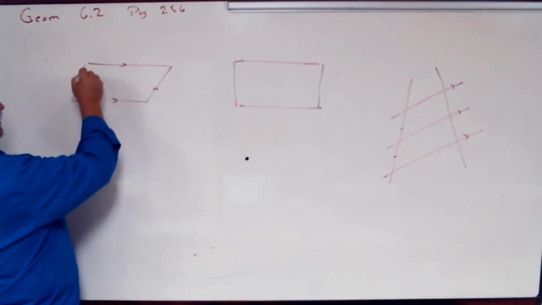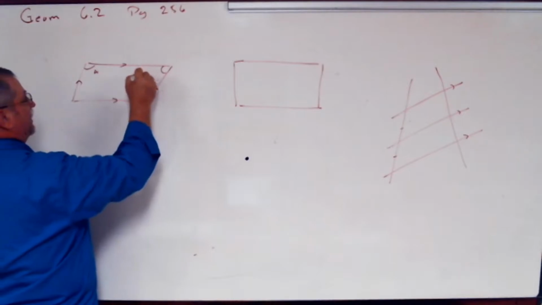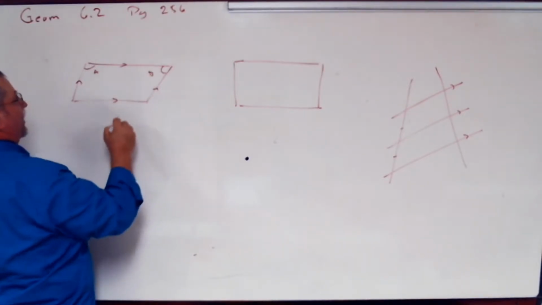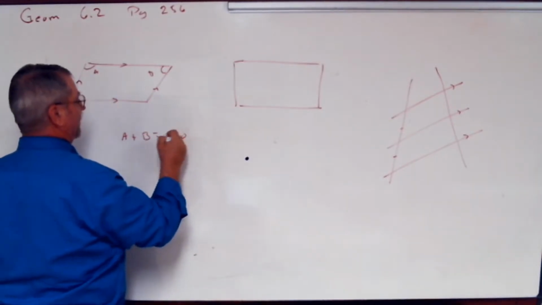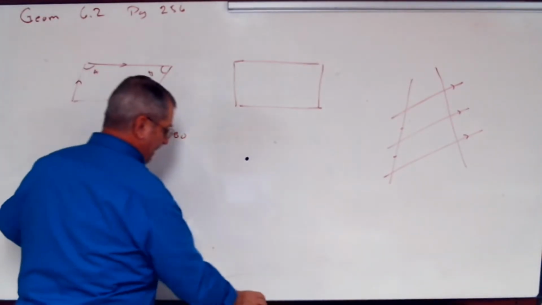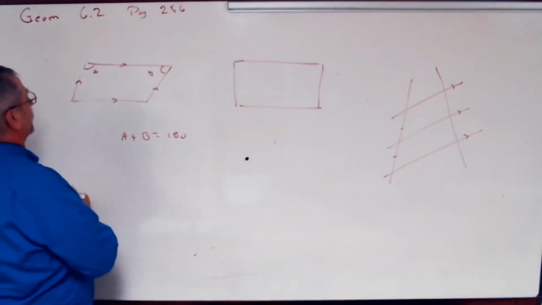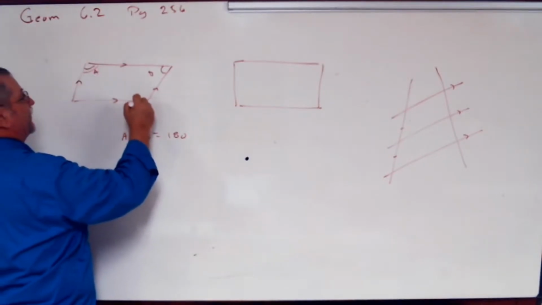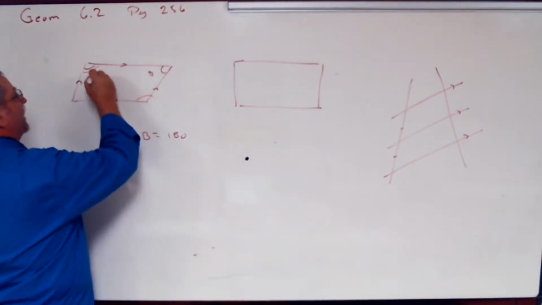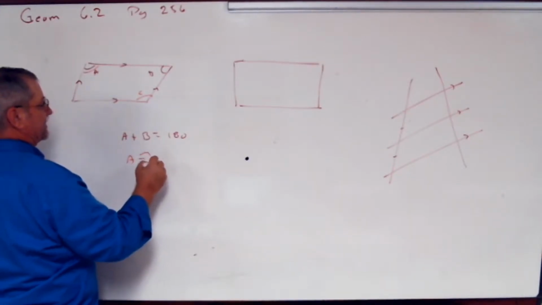If it's a parallelogram, this and this, A and B, are supplementary. It also means that this and this, A and C, are congruent.